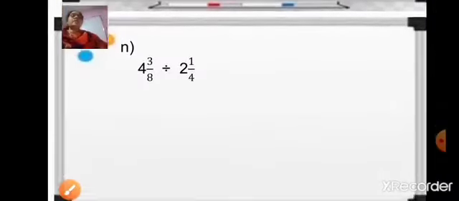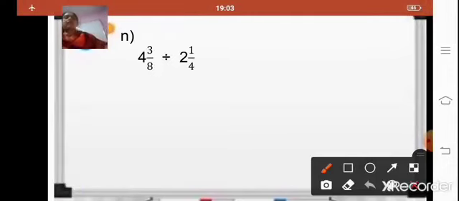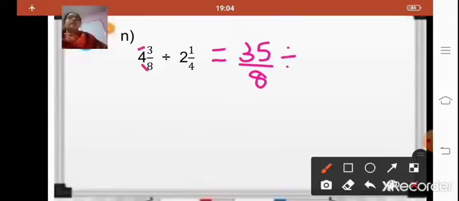Coming to the next one. Now children, here both the fractions are mixed fractions. So we have to change them into improper fractions first. When you change it into improper, 4 8s are 32 plus 3, that is 35 upon 8, divided by 2 4s are 8 plus 1, that is 9 upon 4.